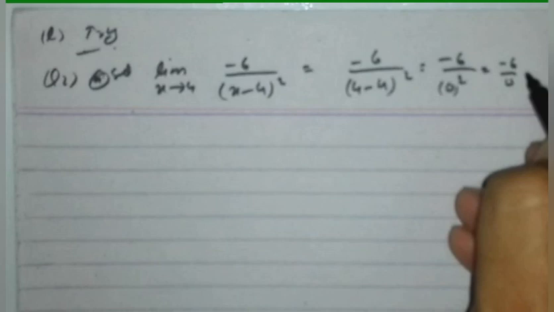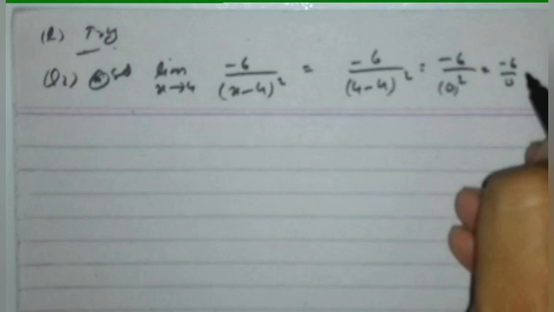We can write it as limit x tends to 5, a minus b, a plus b form. So under root x square minus under root 5 square divided by (x minus 5) into (under root x plus under root 5).